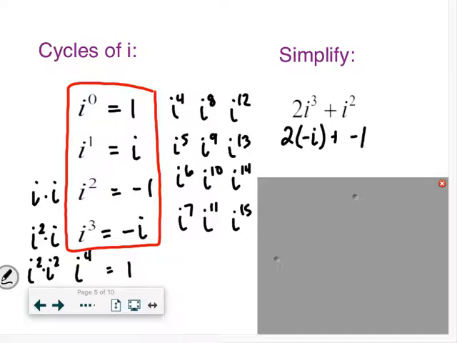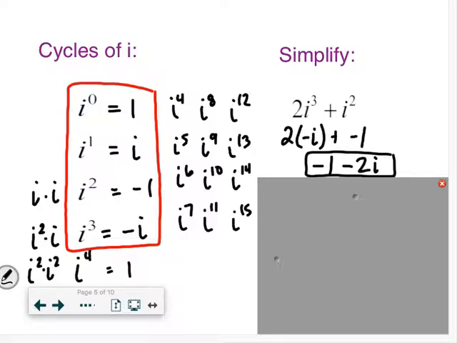And then make sure it's in standard form, real part first, imaginary part second. That number in standard form is actually negative 1 minus 2i. And you should write it like that, not like 2i cubed plus i squared.